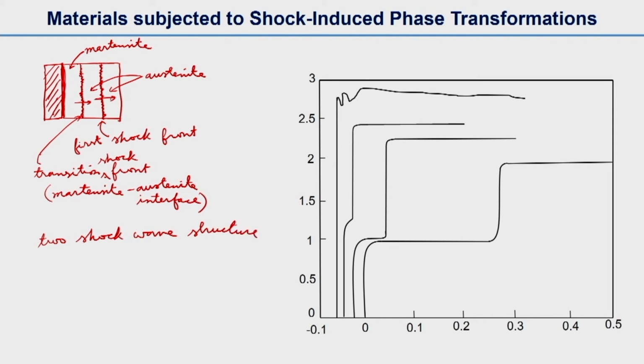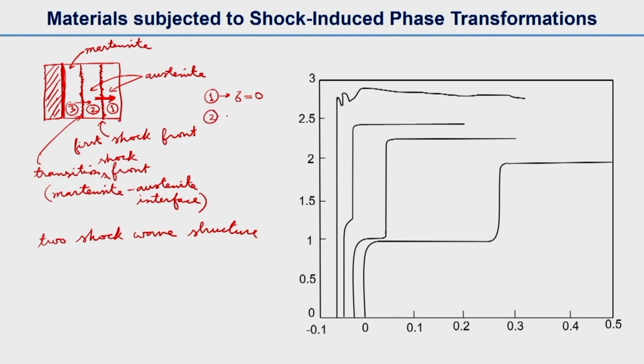That is why it is called a two shock wave structure. The first front is this one, and in these regions, I would write 1, 2 and 3. In the first region, sigma is equal to 0, because the first shock front has not even reached yet.